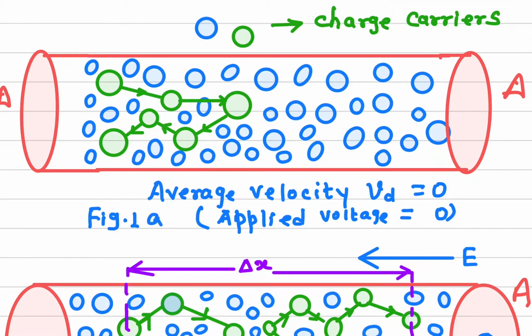So there is a random motion of the electrons. It does not have any preferred path. That means the average velocity of the electrons is zero when there is no applied potential. If the average velocity is zero, then we can say the average current is zero. So there is no current at all when there is no applied potential difference, although the electrons are in motion. Okay.